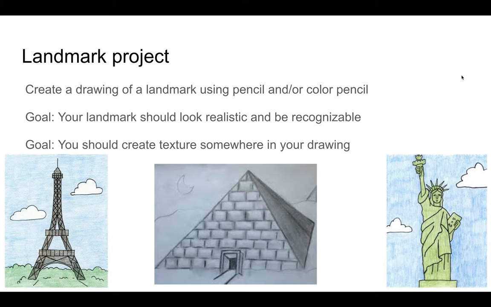But you're going to create a drawing of a landmark using pencil and colored pencil. And your goal is to make it look as realistic and as recognizable as possible. Your goal is also to create texture in the drawing. Okay, so like I said, you want to make it look realistic. So if it's a building, you're going to want to make sure that you are trying to create the texture of the bricks.